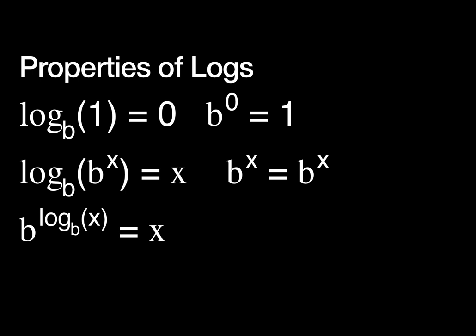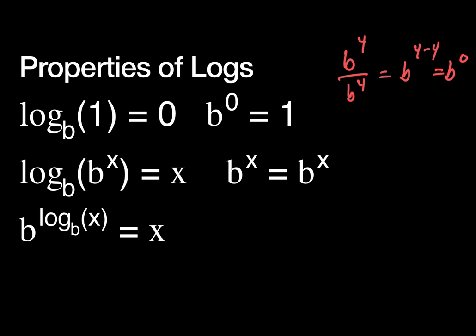And if you wondered why b to the 0 is 1: if I have b to the 4th over b to the 4th, remember our properties of exponents, same bases and dividing, it would be b to the 4 minus 4, which is b to the 0.